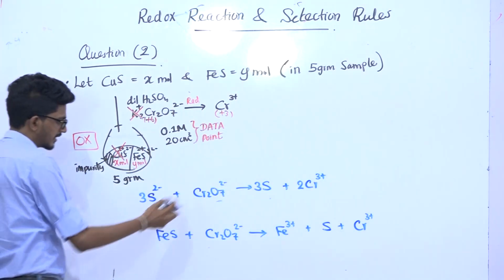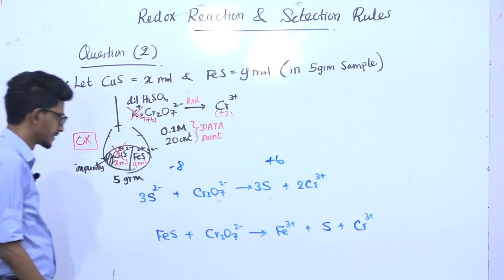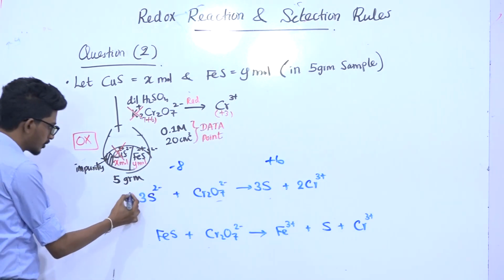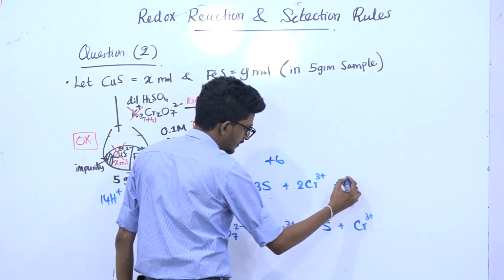Minus 6 is there, minus 8 at this side, and plus 6 at this side, a difference of 14 units. So 14 H+ are needed, and 7 H2O here.